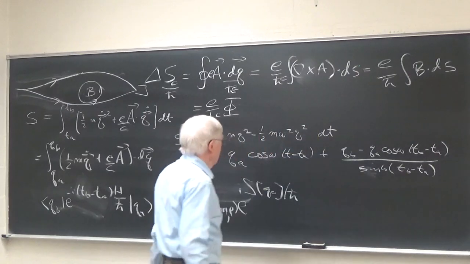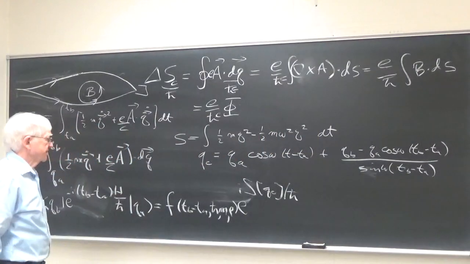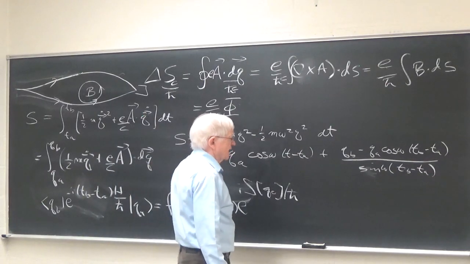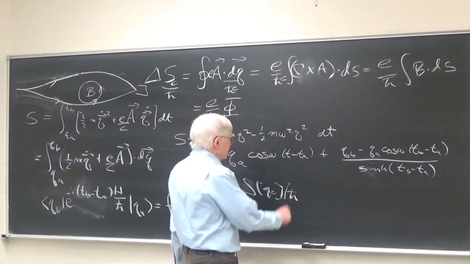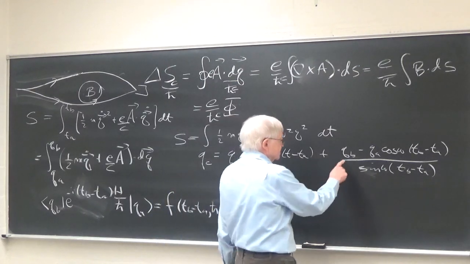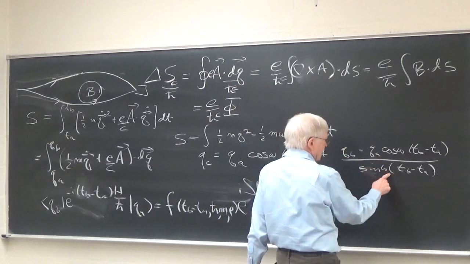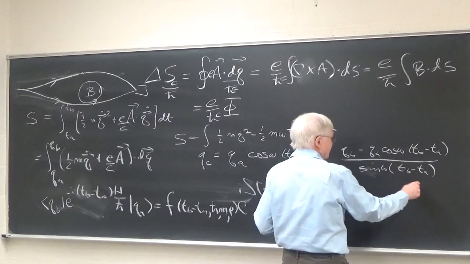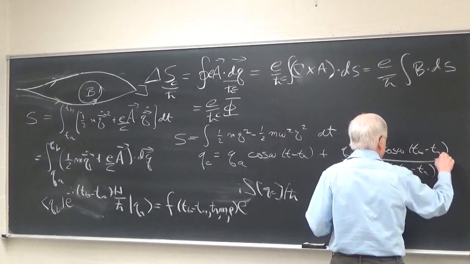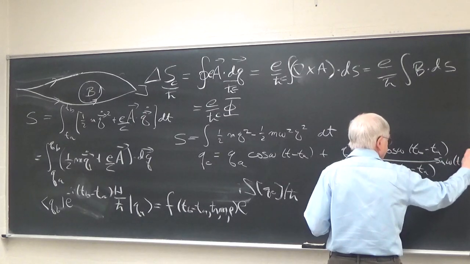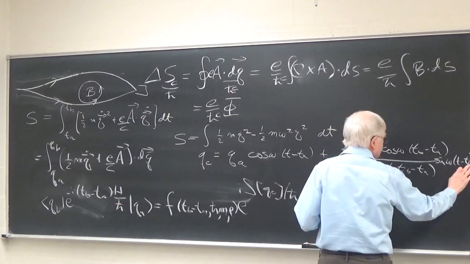so that's the path, and let me just check to make sure that it's right. Clearly, when the time is t_A, this is q_A, this is q_B minus q_A. Oh, I left out a term, sine omega (t minus t_A), sorry.